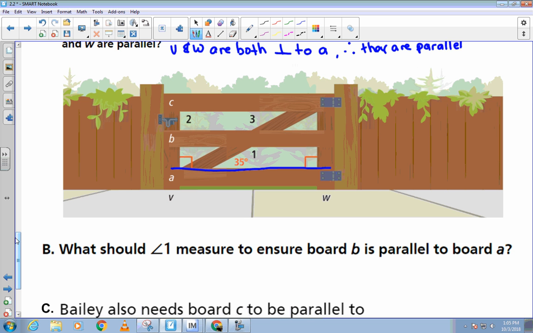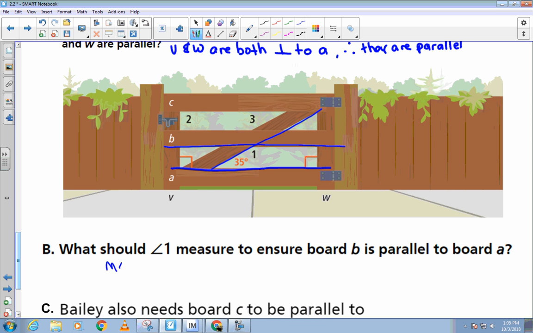I'm wanting to ensure that A and B are parallel, and I could use this transversal. You could, I guess. I didn't think about that. But it's asking for what the measure of angle 1 is, right? So W wouldn't help me with angle 1. So what should angle 1 measure to ensure that B is parallel to board A?